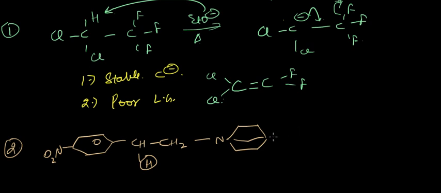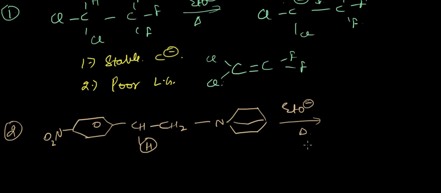Okay, so we have something like this. So what happens when we react this with EtO minus in presence of heat? What will be the alpha hydrogen that would be attacked here? Obviously we know that, okay, I forgot a plus sign over here. So obviously we know that this is a weak leaving group, so we'll need a negative charge on this carbon atom.